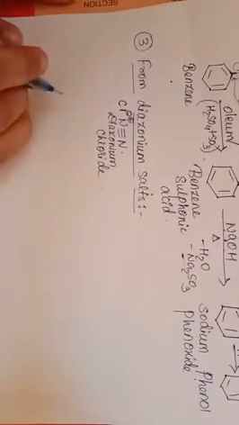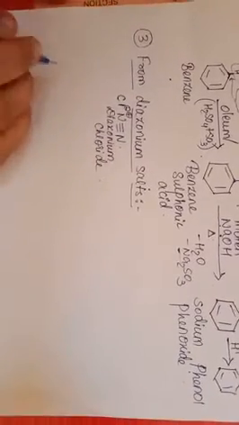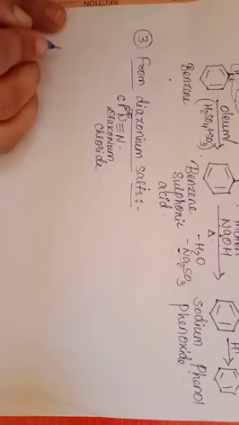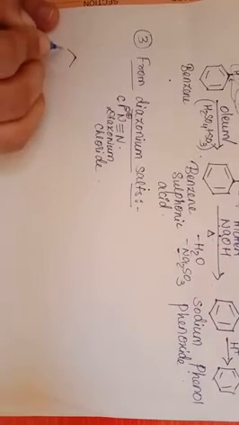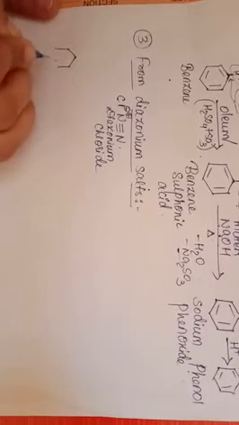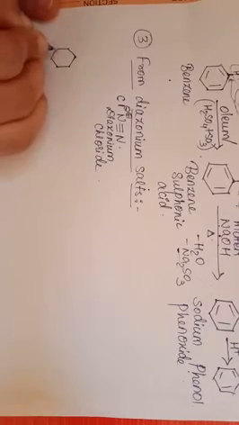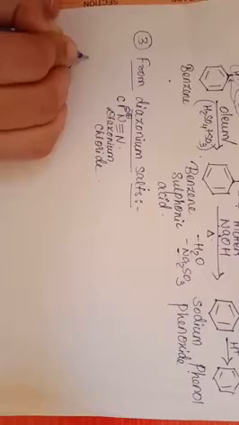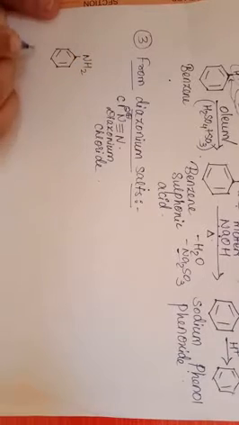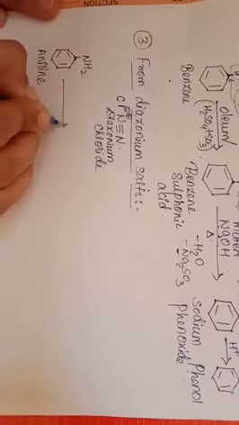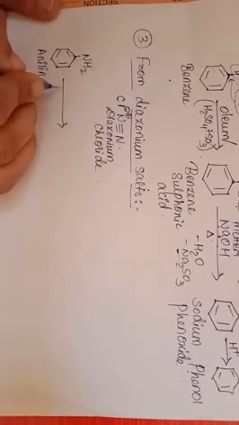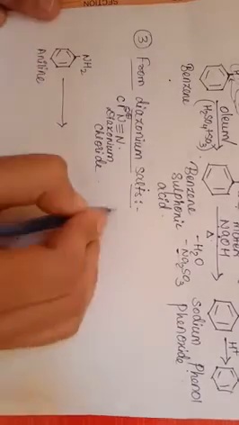So first, to prepare benzene diazonium chloride, we'll take aniline here, that is our primary aromatic amine, on reaction with nitrous acid. What is nitrous acid?